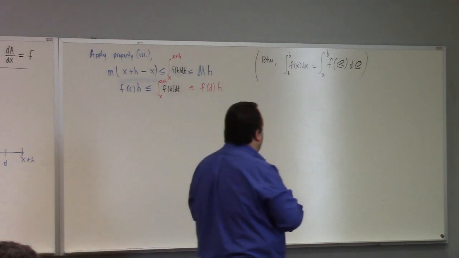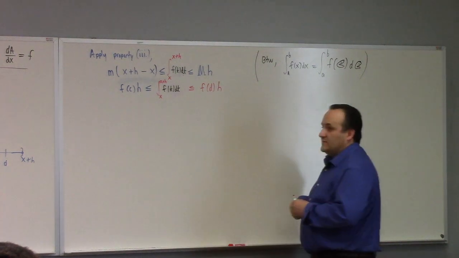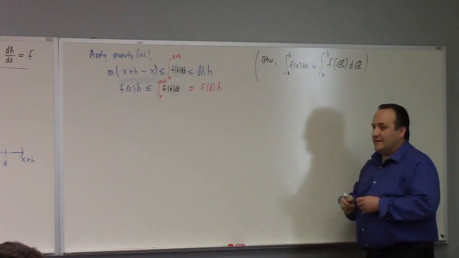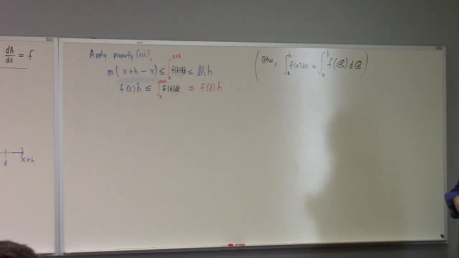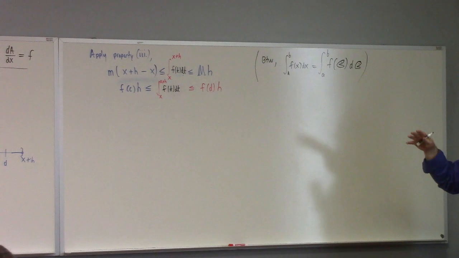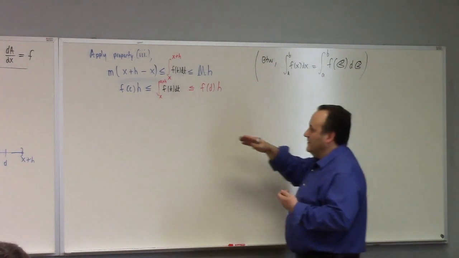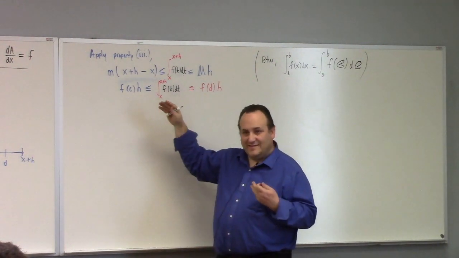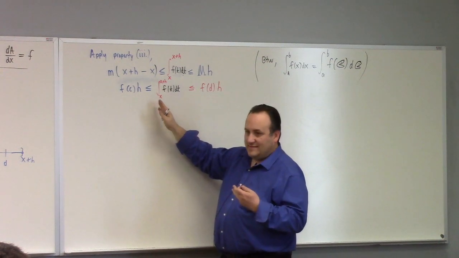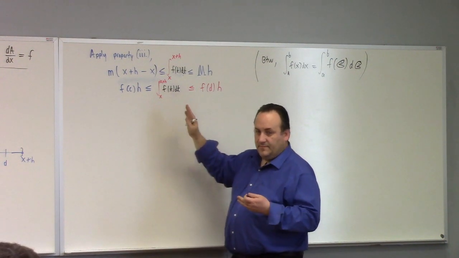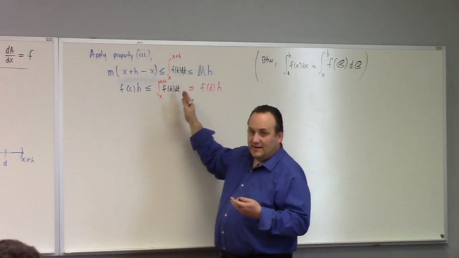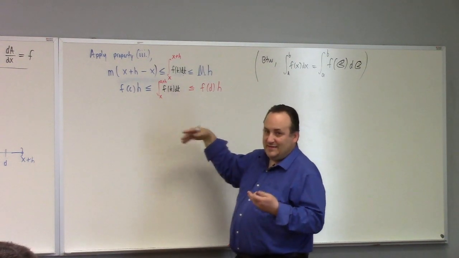There is an x in the input and there's no x in the answer. So there is nothing that depends on t. X is separate from the variable of integration.